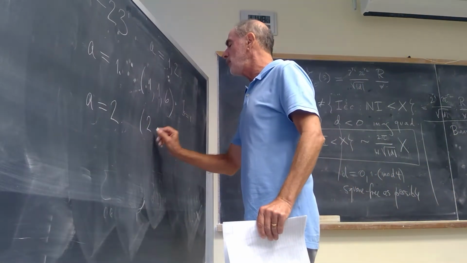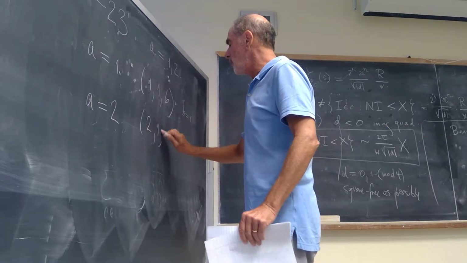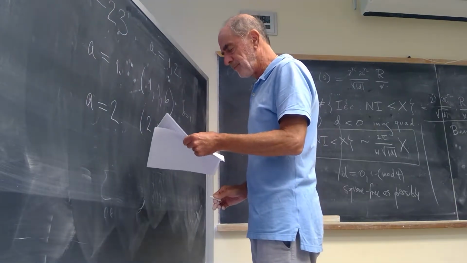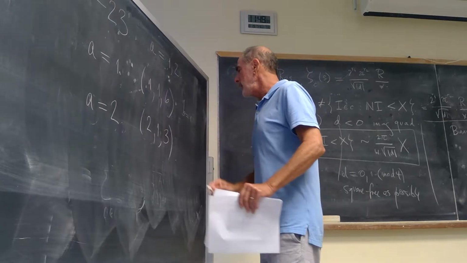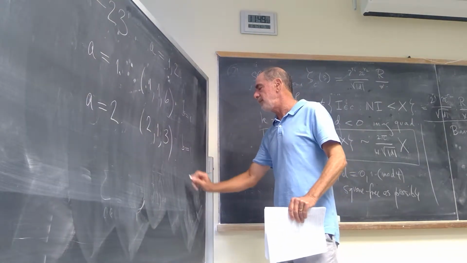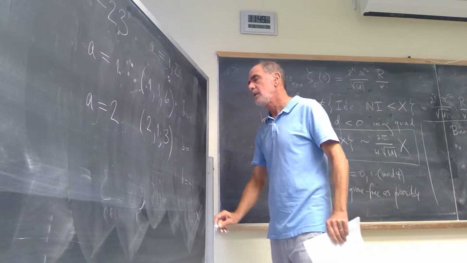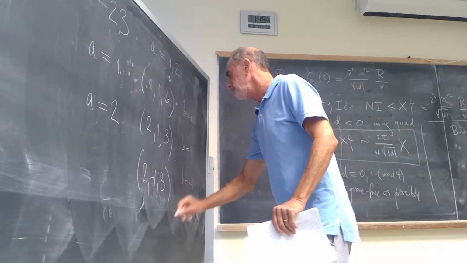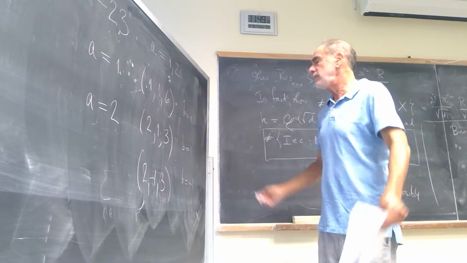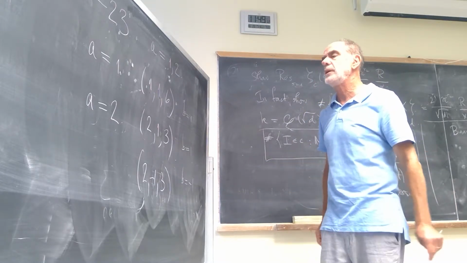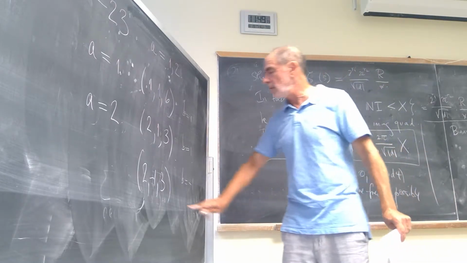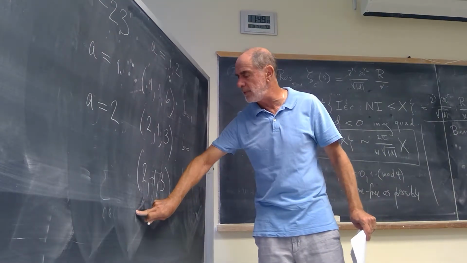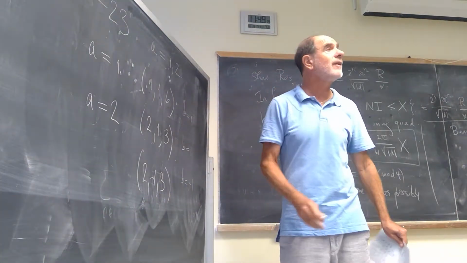And if B is 1, you get this form, and if B is equal to minus 1, then you get the form 2, minus 1, 3. And that's it. Those are the only reduced forms of discriminant minus 23 you can get. So in this case, there are 3 orbits of SL2Z.